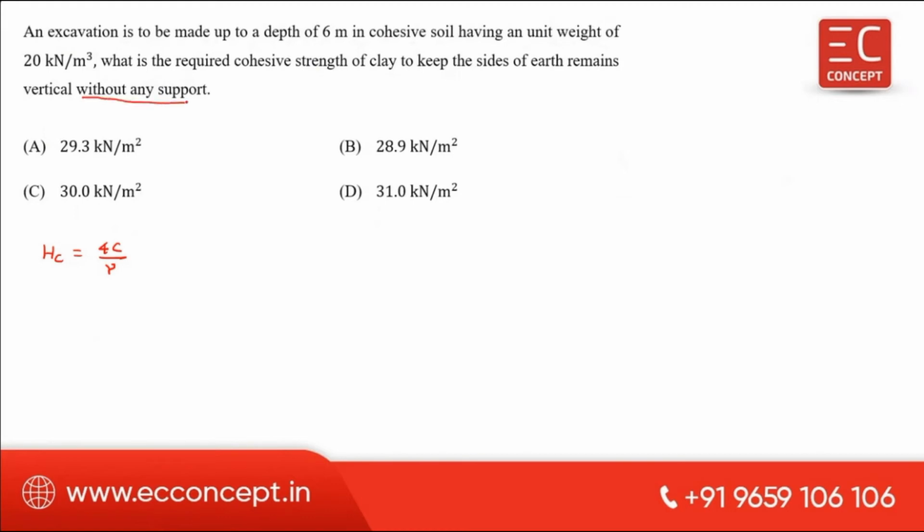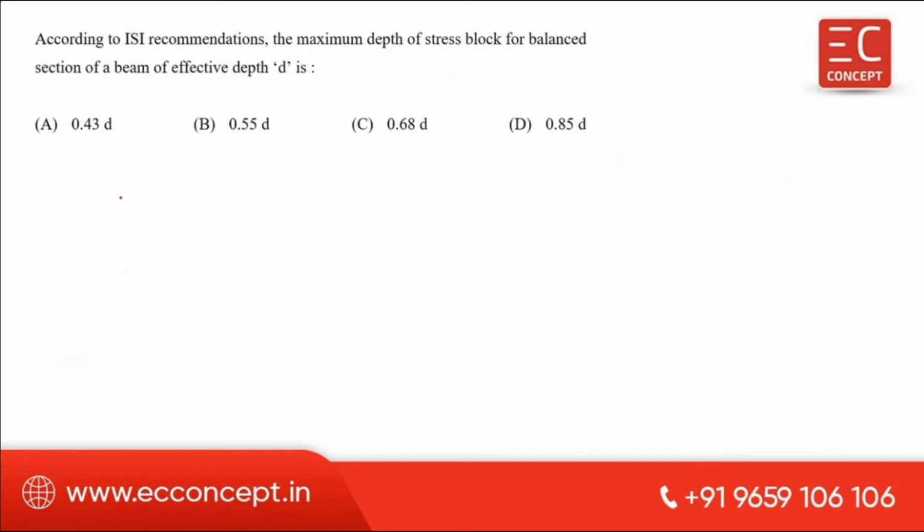Without any support, if the excavation is made in a cohesive soil, then the critical height of excavation is equal to 4c divided by gamma. So they have given this is H, they are asking what is the cohesive strength. HC is equal to 6 into 20 divided by 4, which is equal to C. If we simplify this, answer is 30, which is equal to C. So answer for this question is C, 30 kilonewton per meter square.